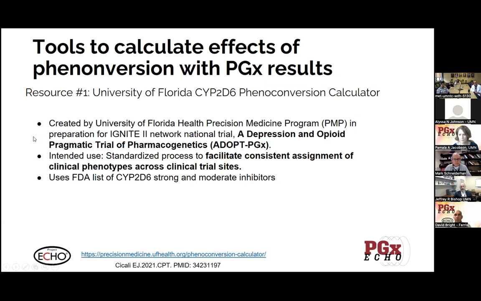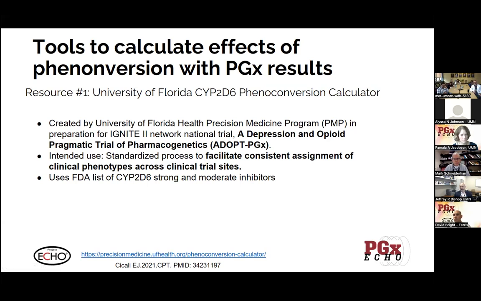This was created by the University of Florida Precision Medicine Program, in preparation for the IGNITE-2 clinical trial called ADOPT PGx, which is a depression and opioid pragmatic trial of pharmacogenetics. Its intended use was for a standardized process to facilitate a consistent assignment of clinical phenotypes across clinical trial sites.